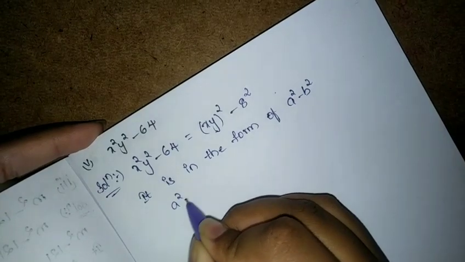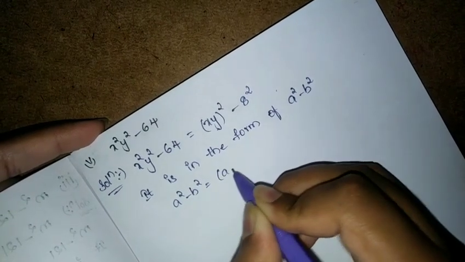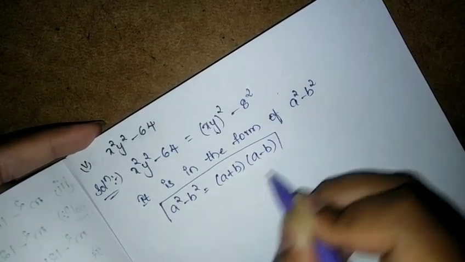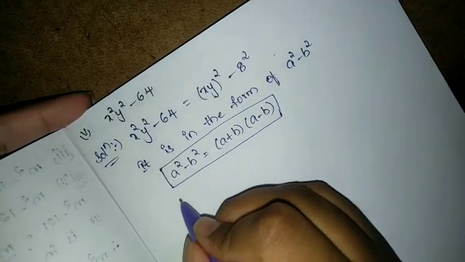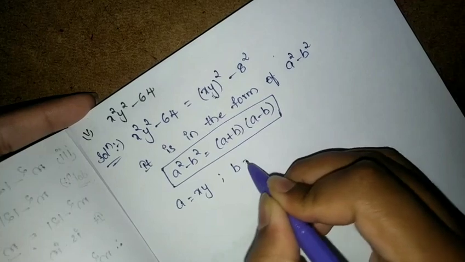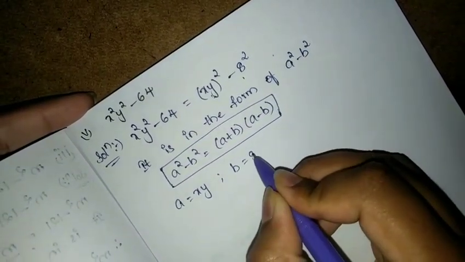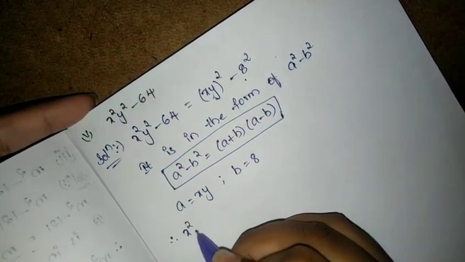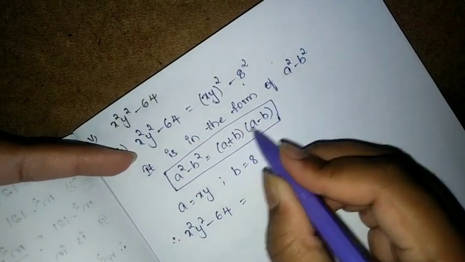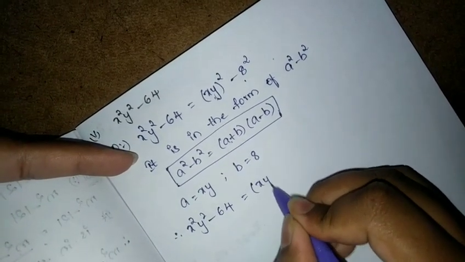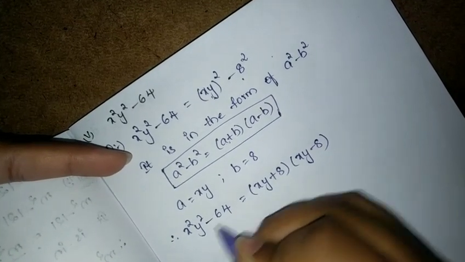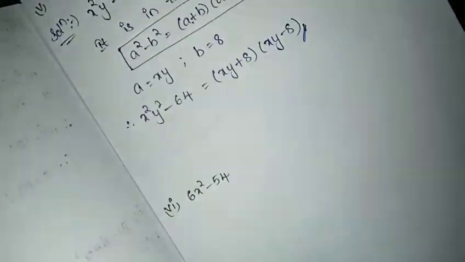The formula for a square minus b square is (a plus b) into (a minus b). Here a equal to xy and b equal to 8. So x square y square minus 64 equal to (a plus b) into (a minus b), that means (xy plus 8) into (xy minus 8). This is our final answer.